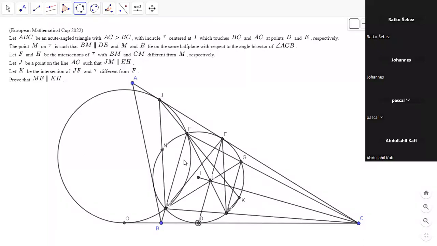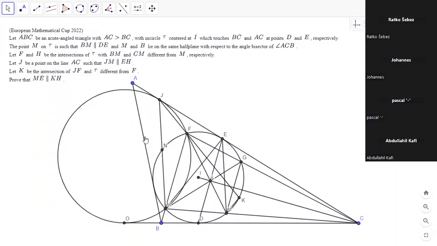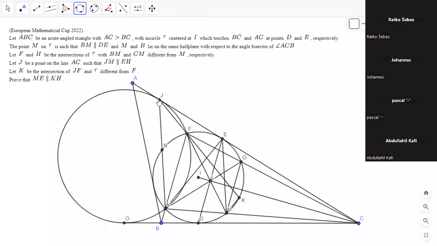What was I showing before? There was some other quadrilateral that looked cyclic. I forgot what it was. JFN and something else maybe?